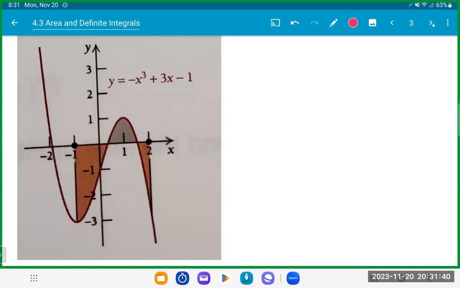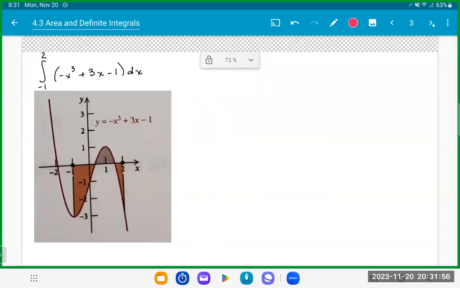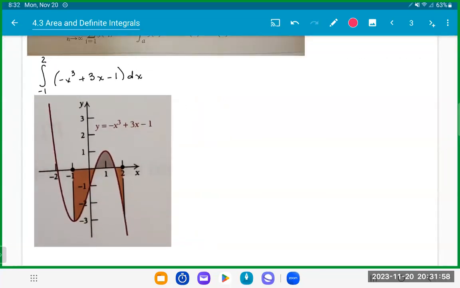That's just one observation. When we get to the very end, I would like to ask: did our integral end up being positive or negative? By looking at this picture, I would hypothesize that it's going to be negative.